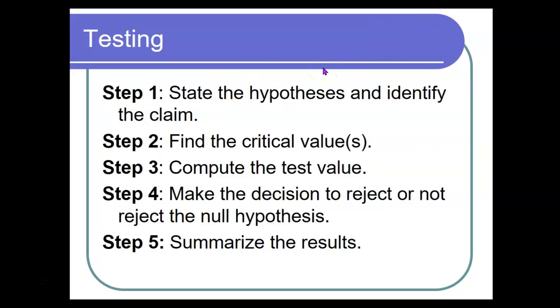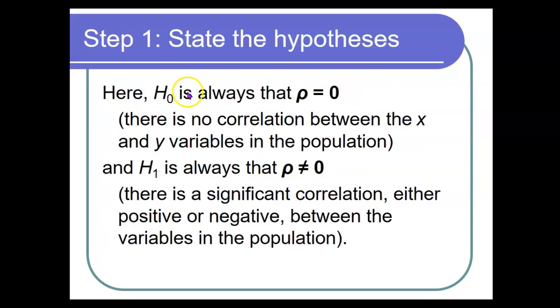Well, this brings us back to hypothesis testing. Remember how that works. In this particular situation, the null hypothesis is that rho equals 0. Remember, rho is the population correlation coefficient. So the null hypothesis would be saying that there is no correlation between the x and y variables in the general population.